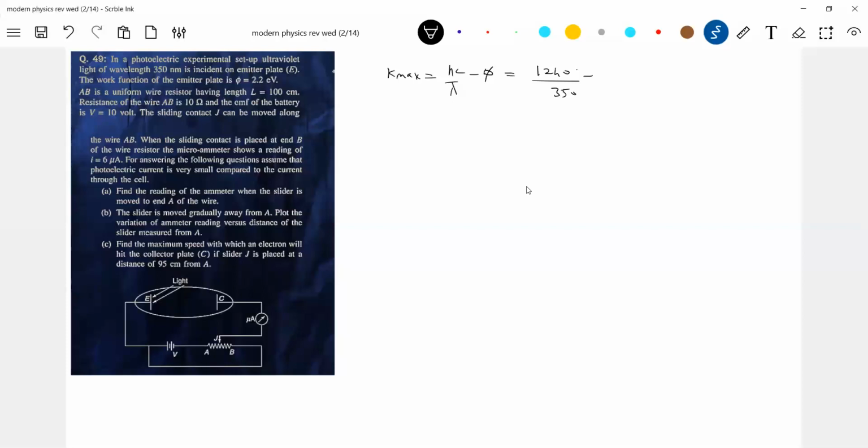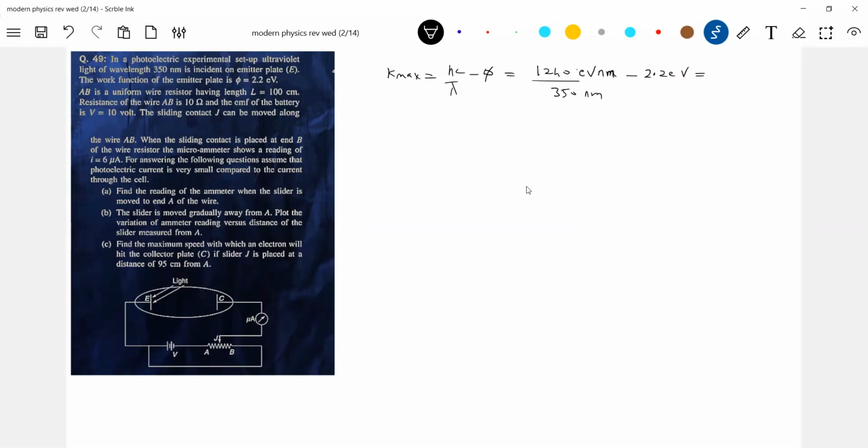Minus work function. So this will be 1240 electron volt nanometer, a very standard thing, and the work function of this we know is 2.2 electron volt. So we'll get K max in terms of electron volt.